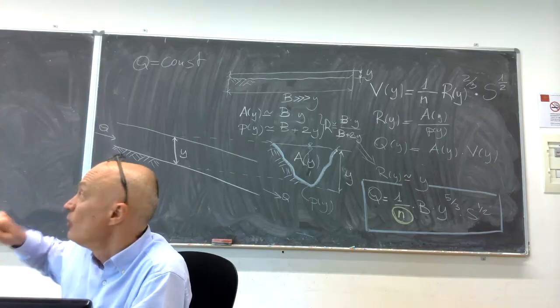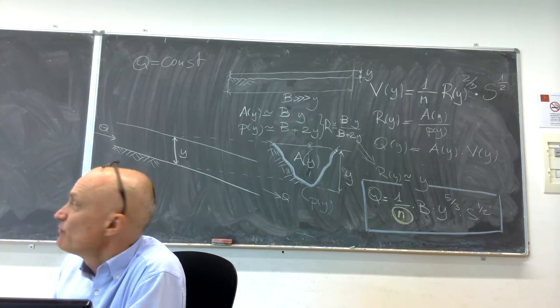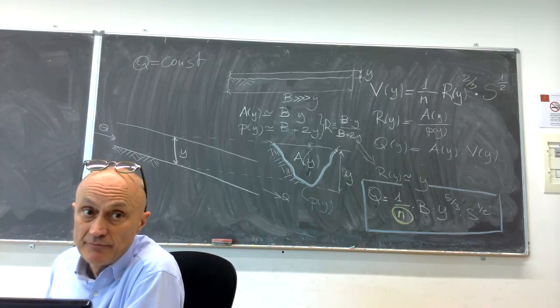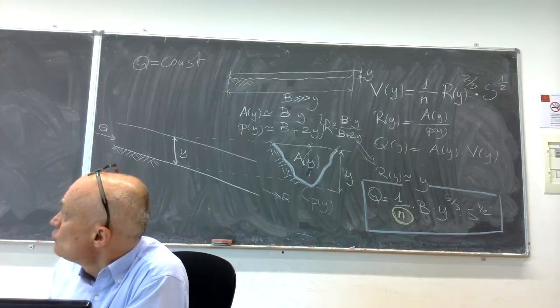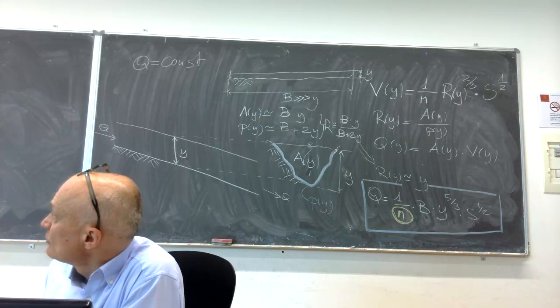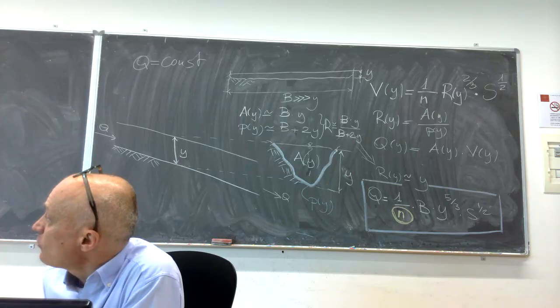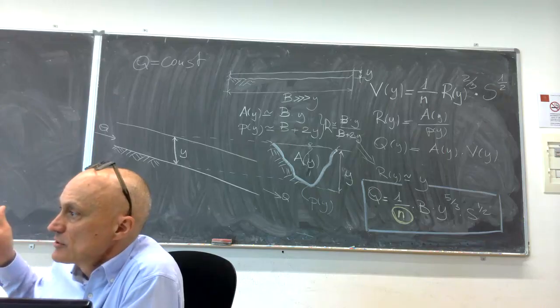Let's go back to 0.03, the original value, and look at what happens if the water depth doubles. If this doubles to 1 meter, then the discharge becomes more than 3 times larger.